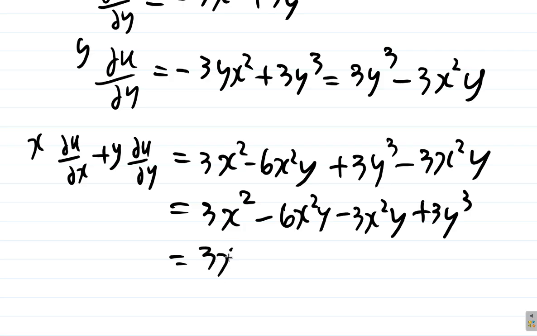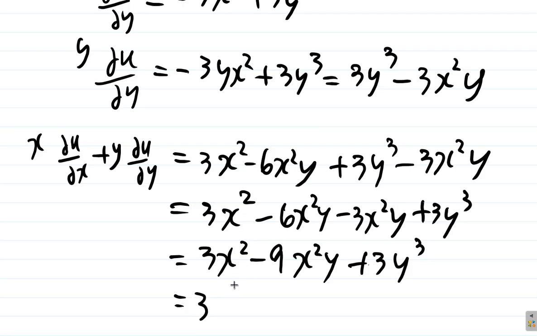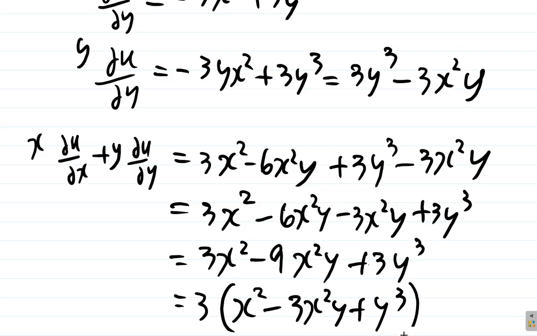So this is 3x cubed minus 6 and 3, 9, 9x squared y plus 3y cubed. Alright, can we factorize this? Yes. If we put 3 outside the bracket, we have x cubed minus 3x squared y plus y cubed.